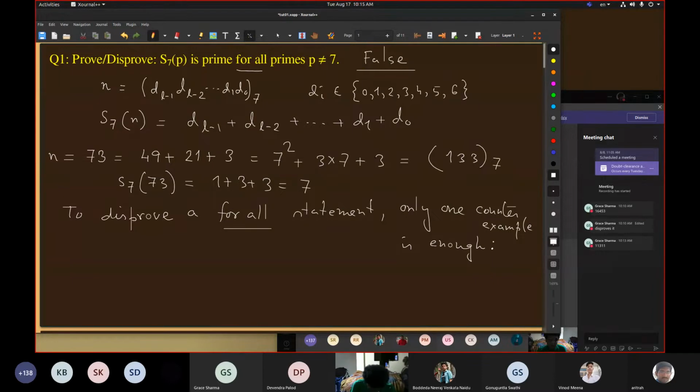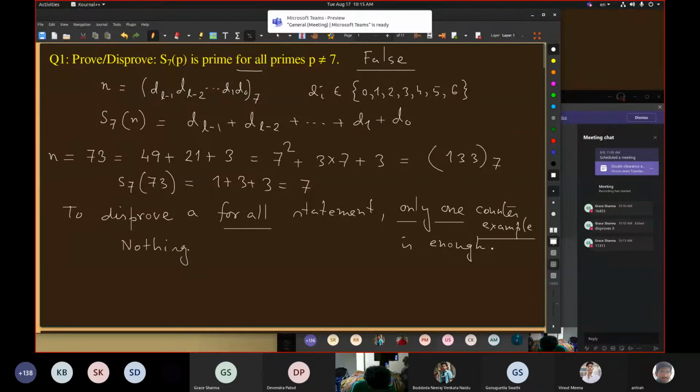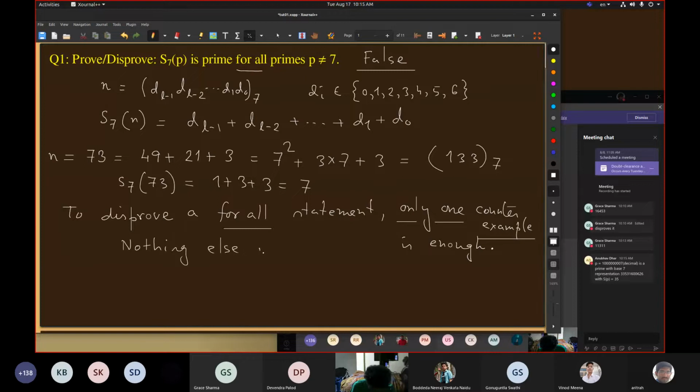This is an important thing. Just give a counterexample if you want to disprove a for-all statement. There is no other formality involved in this proof or disproof, whatever you call it. Nothing else is needed.